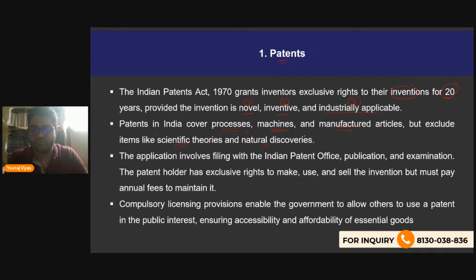For example, the law of gravity. So you cannot get a patent over any natural fossil fuel that has been discovered, or let's say an ancient animal, let's say a dinosaur that existed millions of years back. Some dinosaur, because of the new discovery of, let's say, their bones, it has been discovered. So you cannot say I want a patent over the bones.